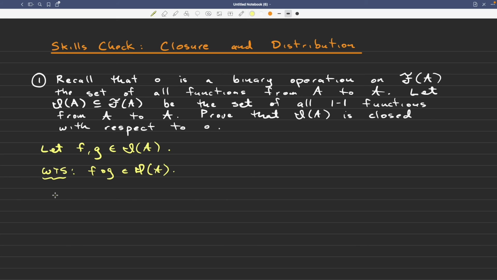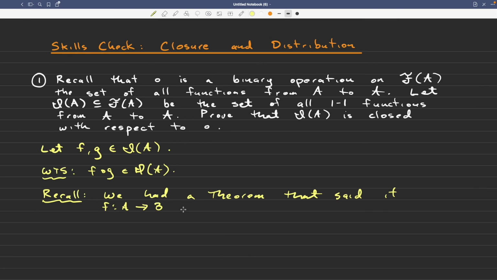We had a theorem that said if f is a function from A to B and g is a function from B to C, and f and g are both one-to-one, then g composed with f, in that order, is one-to-one.